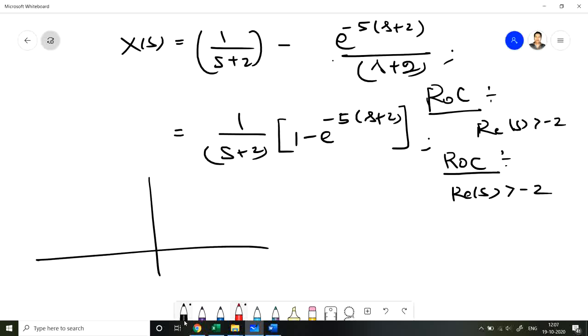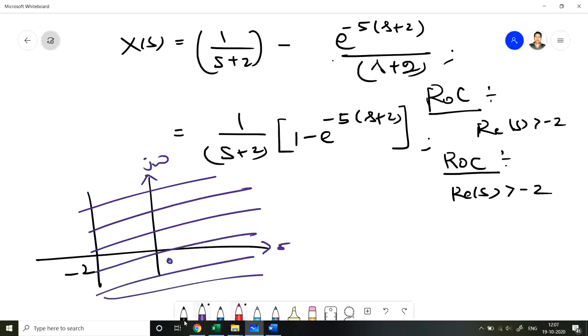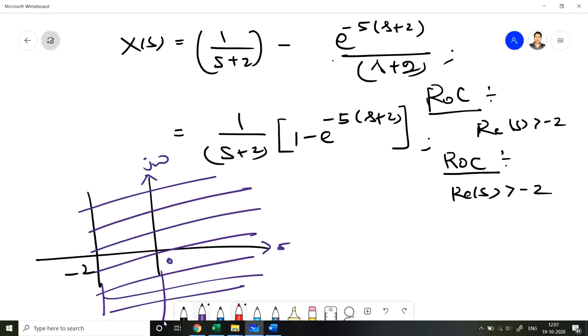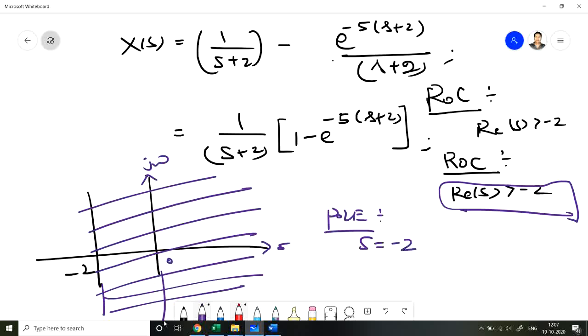So the ROC is, this is minus 2, this is jω, this is σ. The ROC is basically the real part of s greater than minus 2. Now we can see that the pole is at s equal to minus 2.